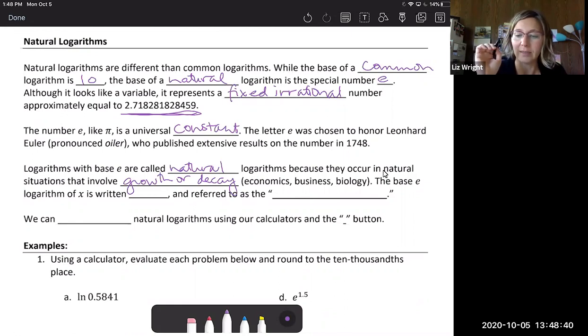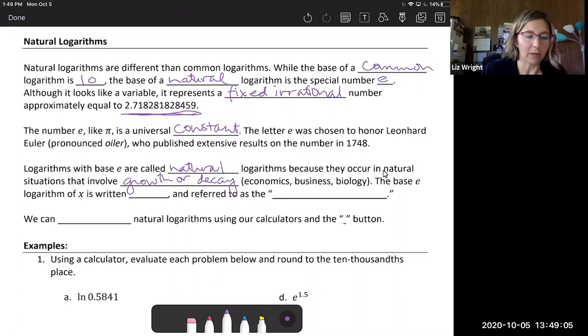Honestly, common logs, you don't use them quite as often because it really just depends on the situation, right? So our natural log has a base of 2.72, and so it grows fast, but it grows at a much slower rate compared to something with a common log with a base of 10.